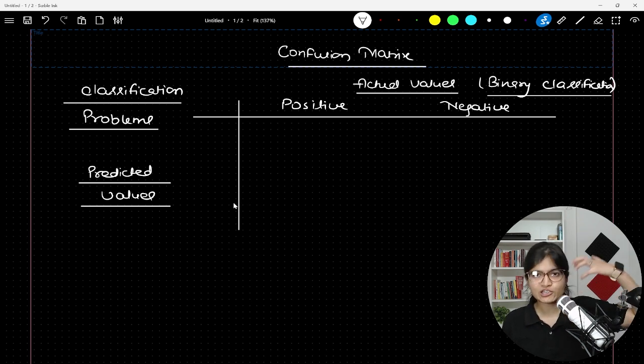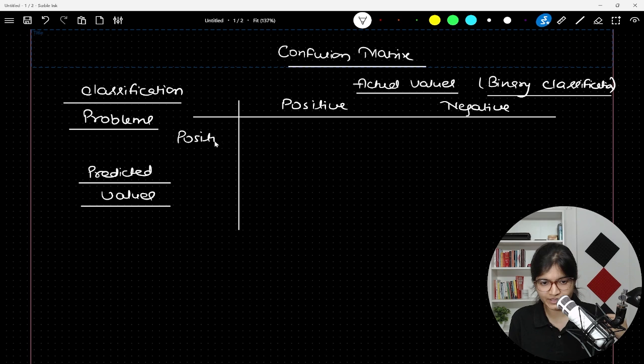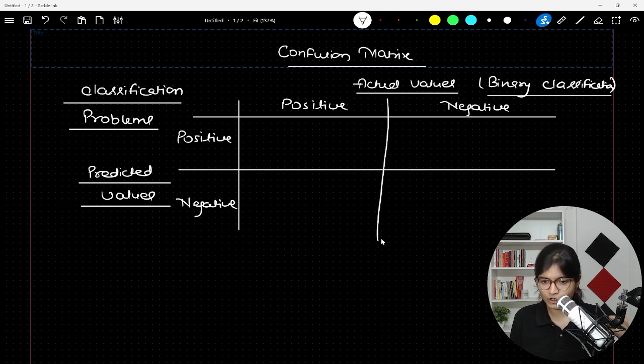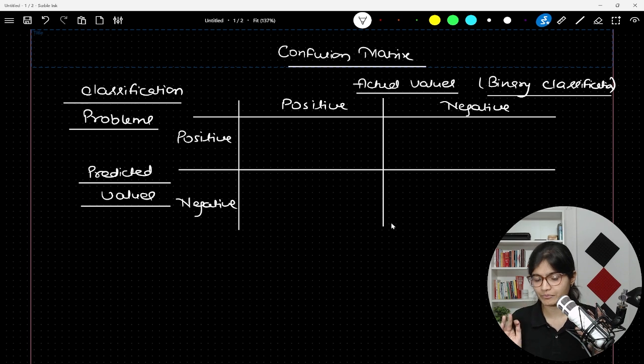Similarly, prediction is also either positive or negative. So I can write the same thing here as well. Either it will be positive or it will be negative. I hope you all agree with me. Now, this is a 2 cross 2 matrix, which you will be able to see now on my screen. This is where the actual concept will come into the picture.